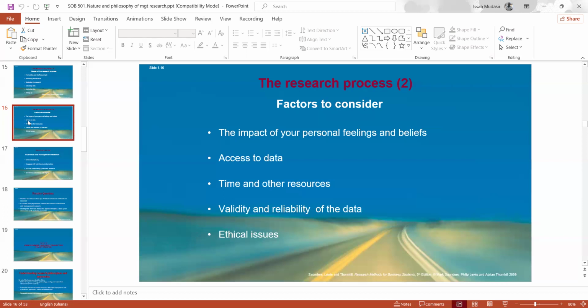Then validity and reliability of the data. Various data have different degrees of reliability. Usually data that is from official sources, so Ghana Statistical Service, Bank of Ghana, World Bank, IMF, are regarded generally to be of high validity and reliability.